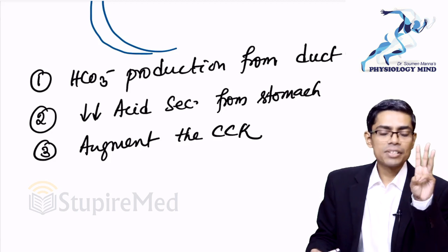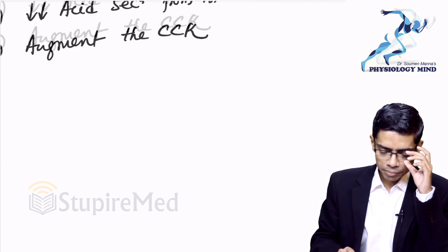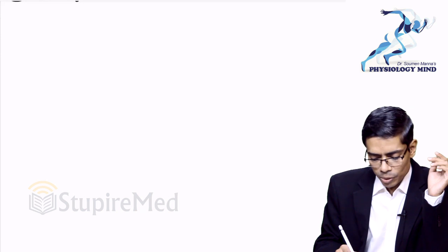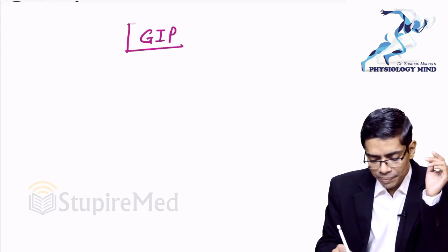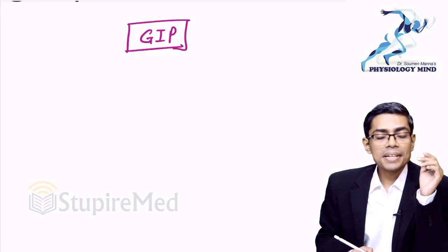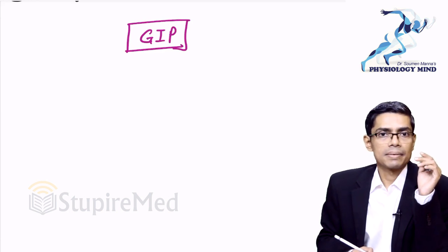Apart from these major 3 hormones, you remember this hormone also, GIP. Tell me the name. GIP, gastric inhibitory peptide.